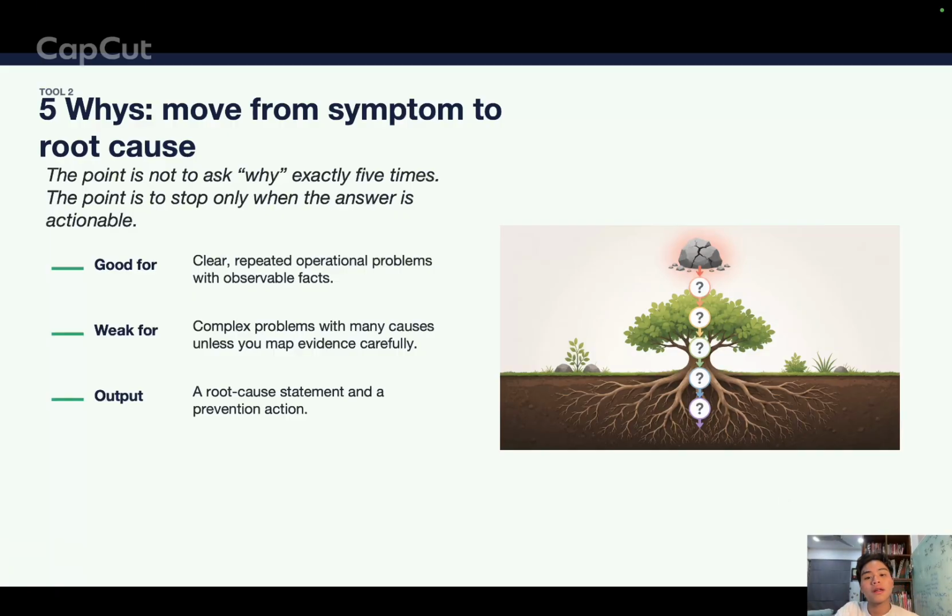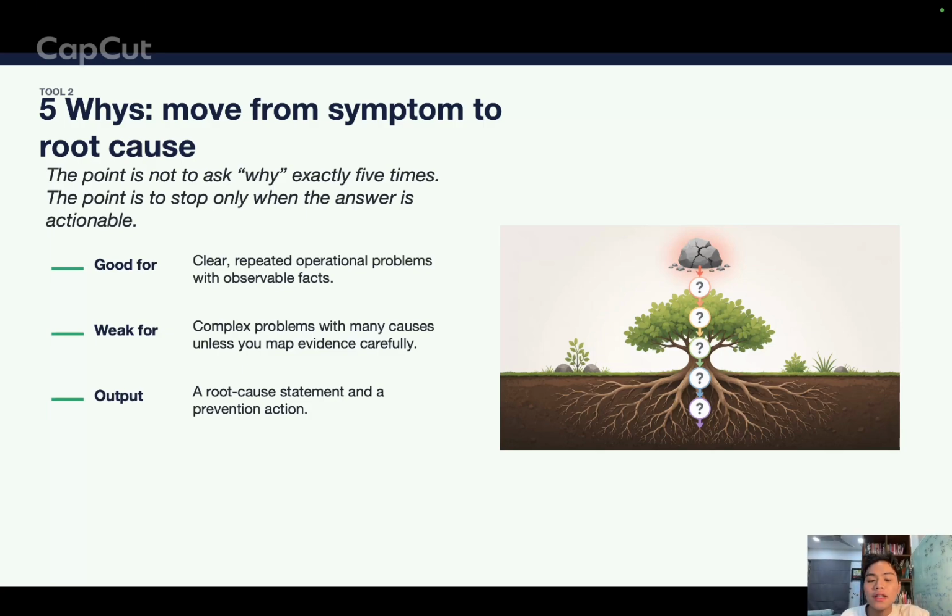One more important clarification is that the number 5 is not a fixed rule. Sometimes you may discover the root cause after 3 whys, sometimes you may need more than that. The objective is not to reach the number 5, it is to identify the root cause that we can actually address.